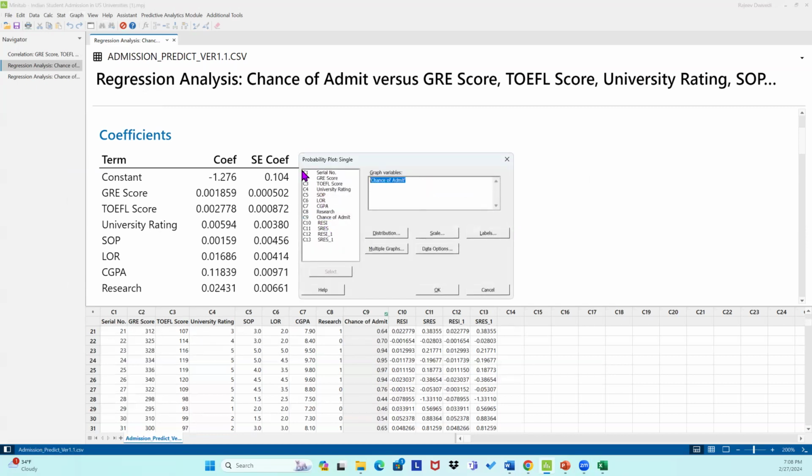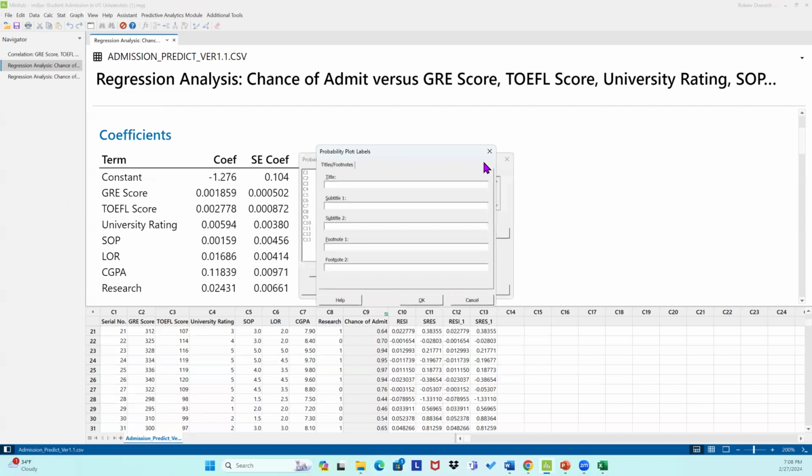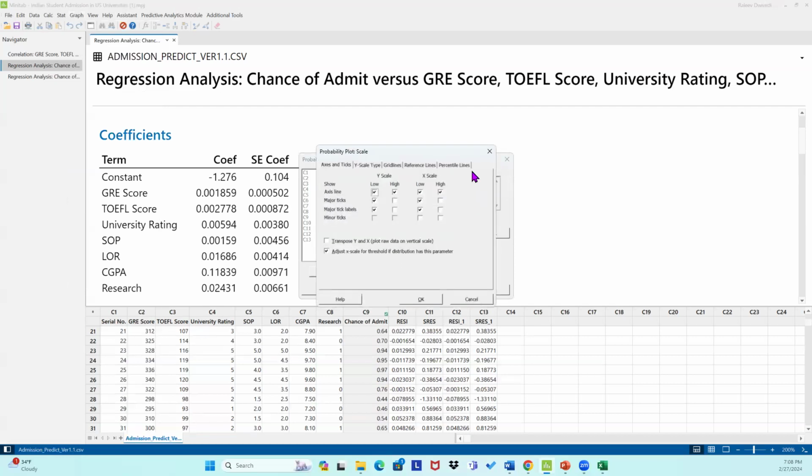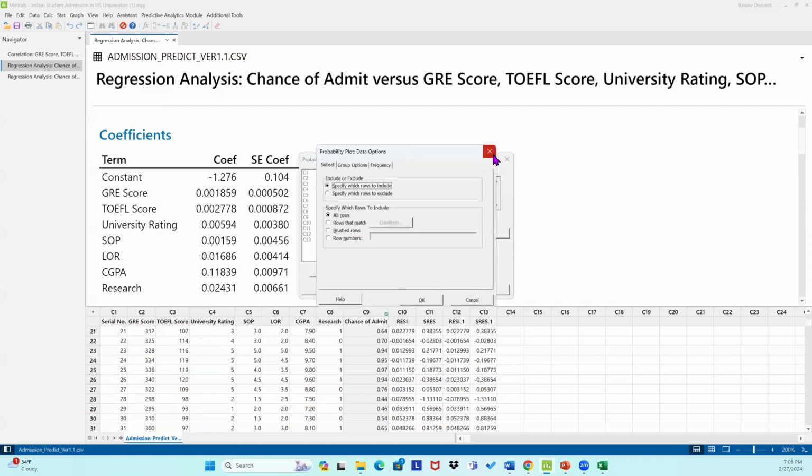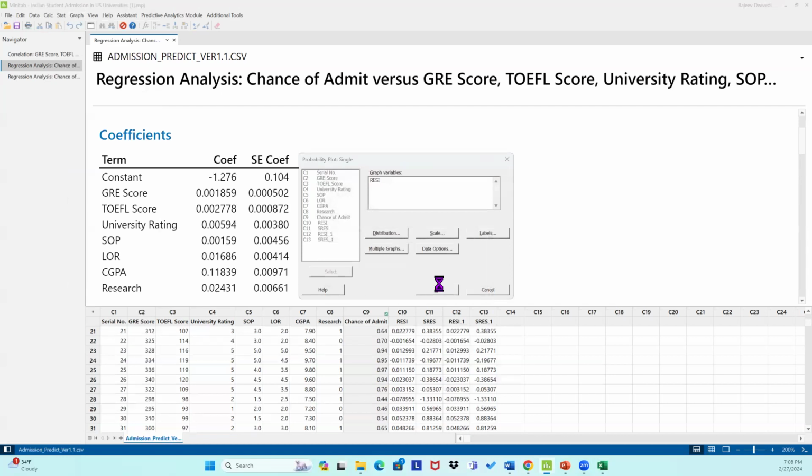Sorry. And now the scale and distribution, by default it is coming. So I just do this.